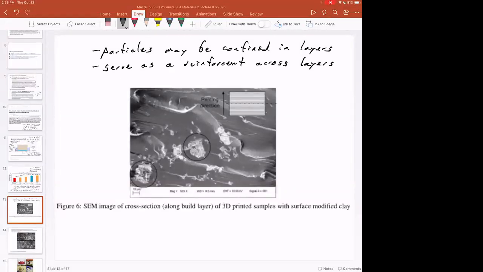So they might mitigate layer to layer effects, or you might get aggregation at the interface of a layer, as they showed right here.